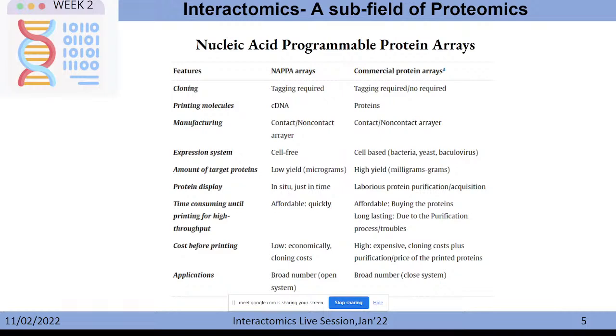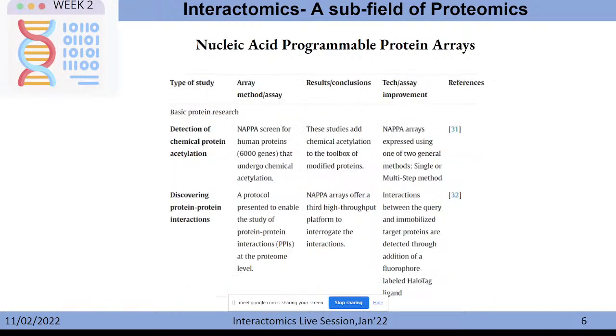So these are all the advantages. Though the protein is in low yield, it gives you protein just in time, and it will help you get the results and the analysis done.